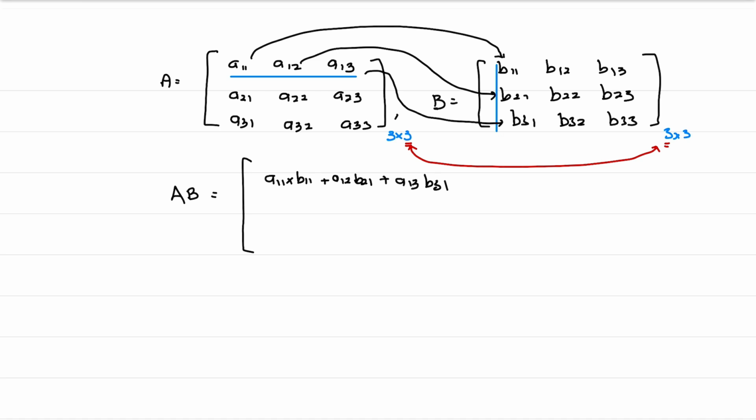Now, what will be the second element in the multiplied matrix? A11 into B12 plus A12 into B22 plus A13 into B32.